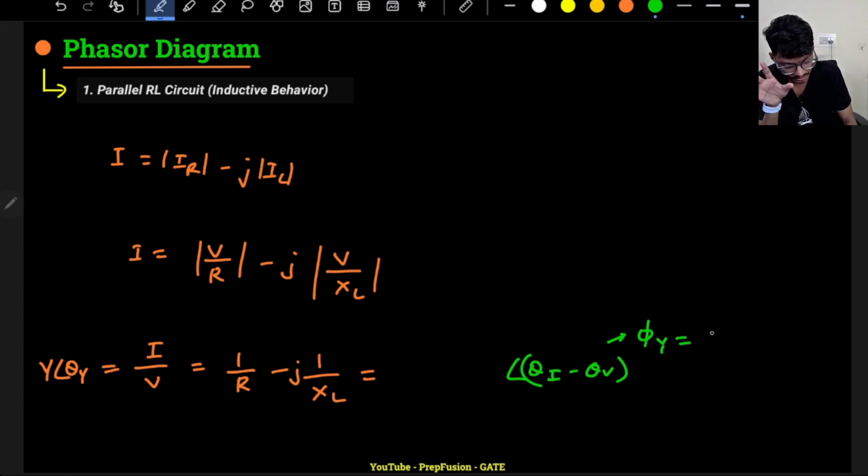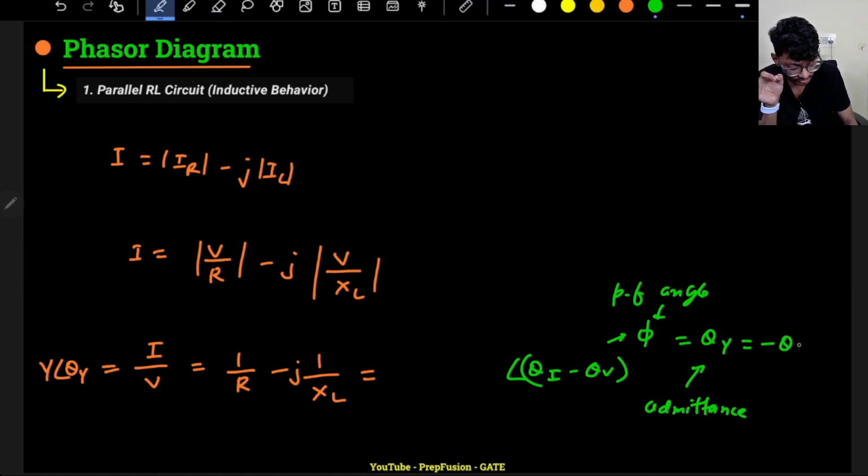So the power factor angle is equal to theta Y, the admittance angle, which is equal to minus theta Z, the impedance angle.